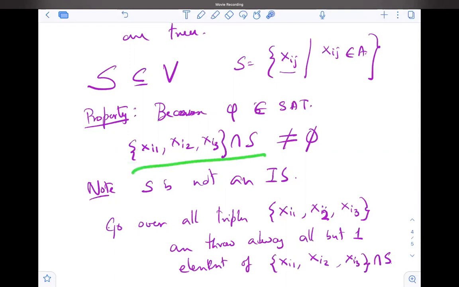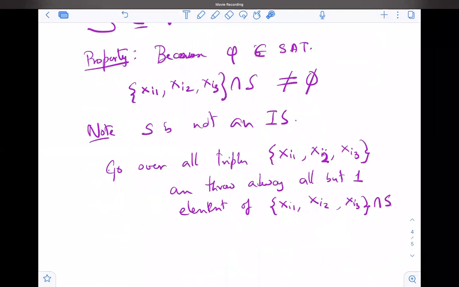If the intersection is 2, throw away 1. If the intersection is 3, throw away 2.